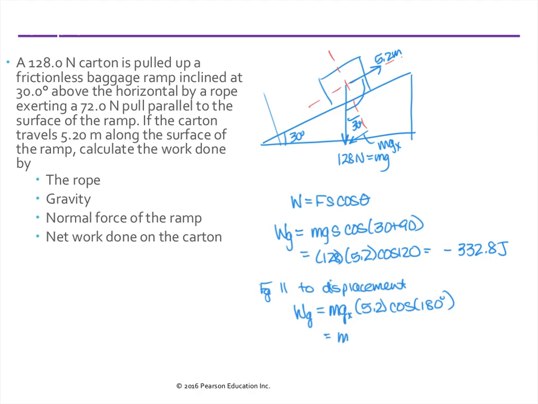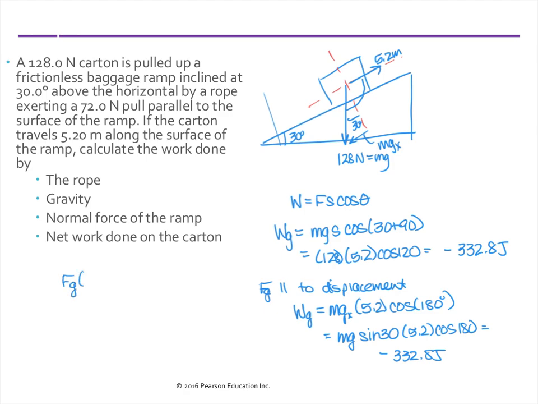So this would be mg times the sine of 30 times 5.2 times the cosine of 180. And this should also give me minus 332.8 joules.